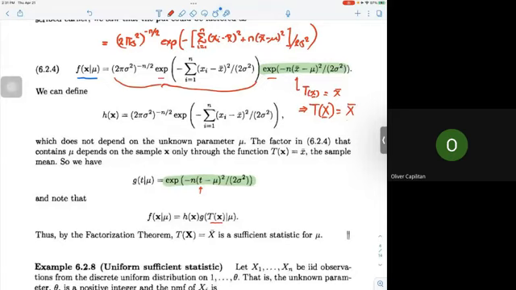In our example earlier, example 6.2.4, we just guessed the sample mean as the sufficient statistic. In this example, using the factorization theorem, we did not guess our sufficient statistic, but based on the joint PDF of the sample, we were able to obtain the corresponding sufficient statistic for our sample.